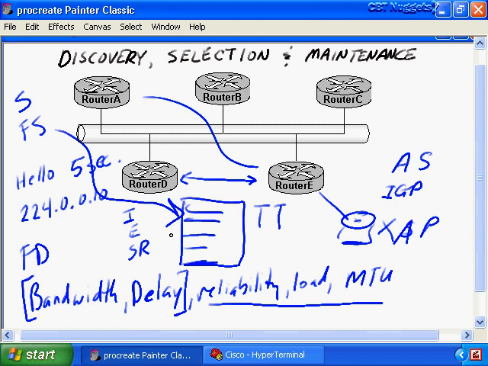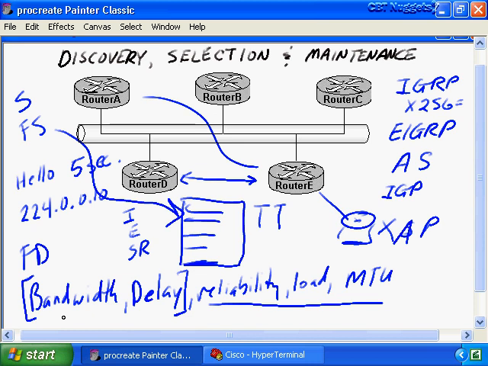Now I mentioned the EIGRP metric being basically the same as IGRP. There is one difference. Whatever metric value you had for IGRP, just take that number and multiply it times 256. So the IGRP metric times 256 equals your EIGRP metric.